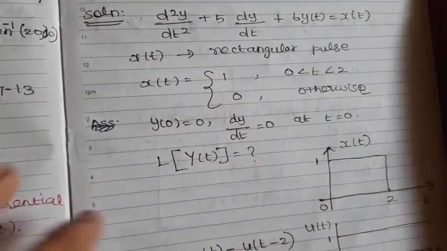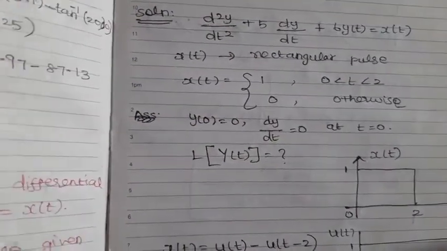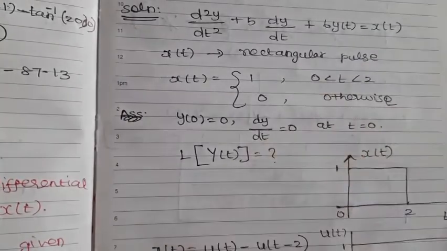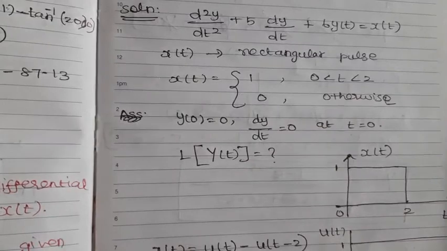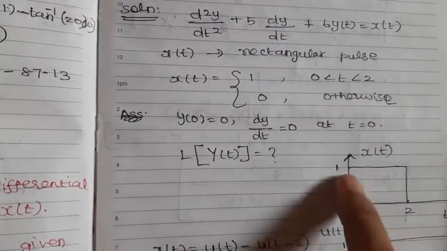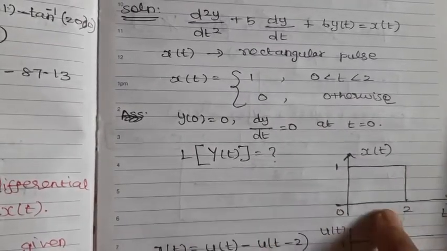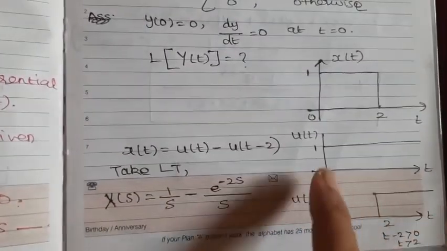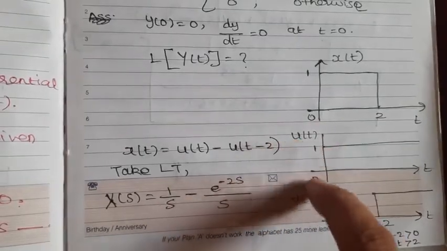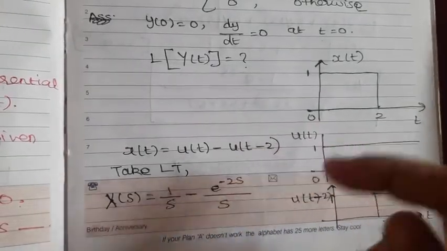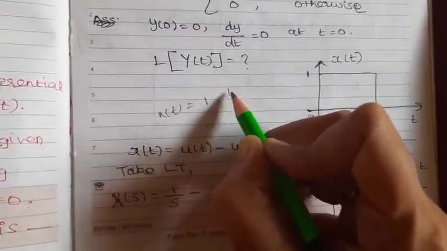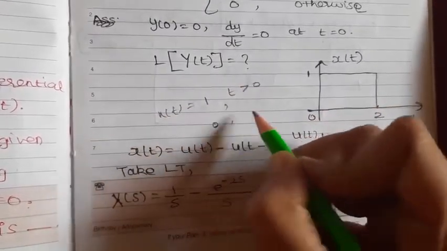First we'll read the problem thoroughly, then write down the given values one by one, then we'll solve. Okay, so x of t is a rectangular pulse. How can we transform this into unit step functions for our simplification? So what is u of t actually? u of t is equal to 1 for t greater than 0 and 0 otherwise.